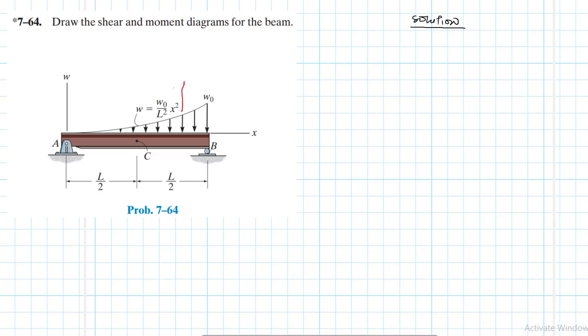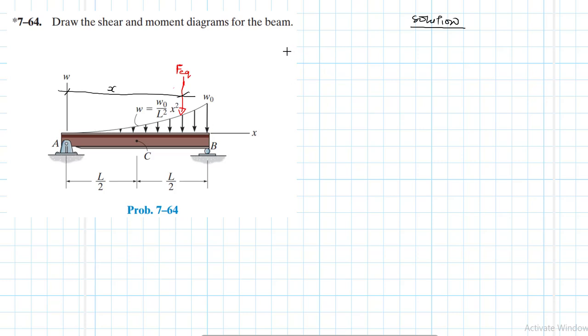Let's call this load F_EQ, and its location from A is x bar.